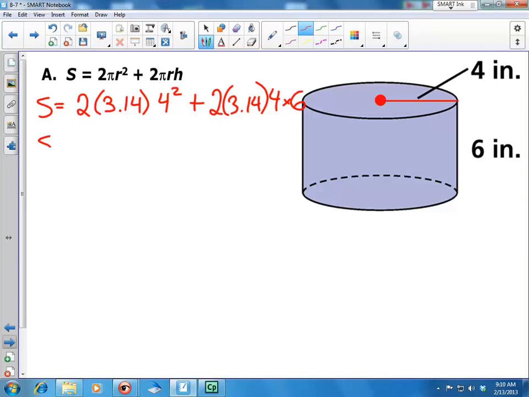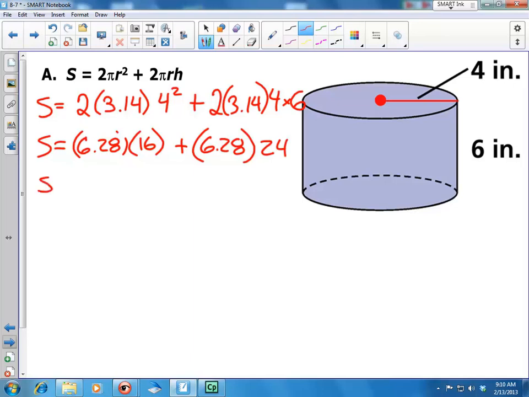All right, so I'm going to solve it one step at a time. 2 times 3.14, I already said, was 6.28. And then I'm going to multiply that times 16 plus, again, 6.28 times, I know 4 times 6 is 24. Okay, so what's 16 times 6.28? Somebody with a calculator?